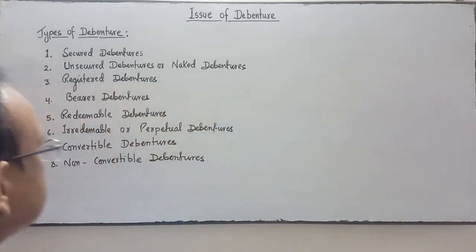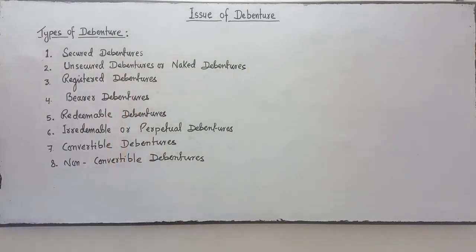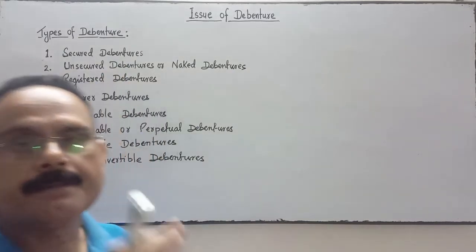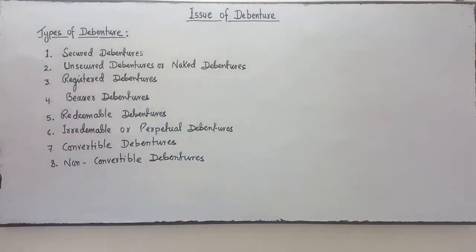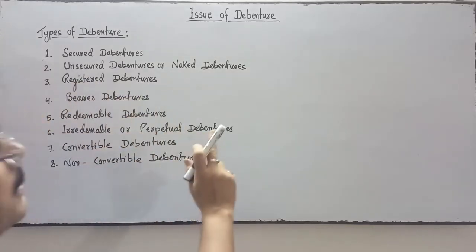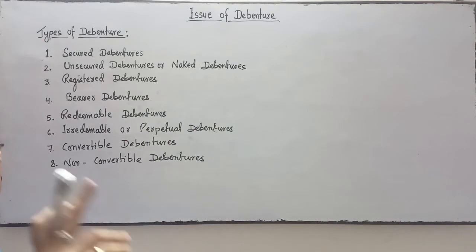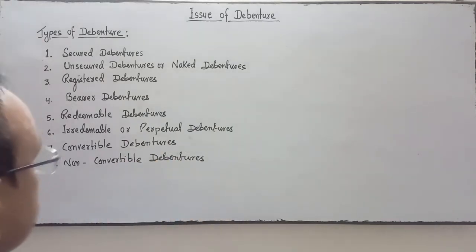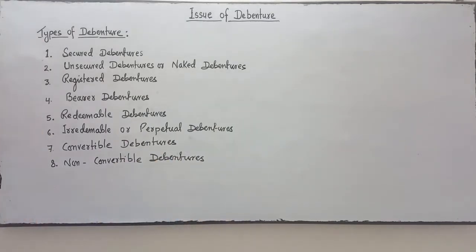Next is the unsecured debenture, which is also called a naked debenture. These debentures are those which are not given any security. The holders of such debentures are treated as unsecured creditors at the time of liquidation of the company.